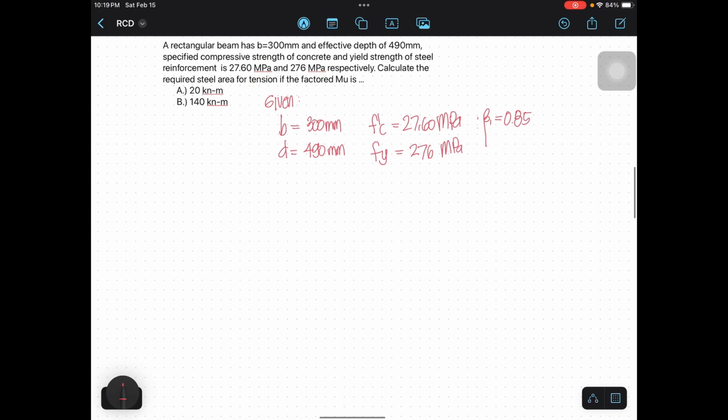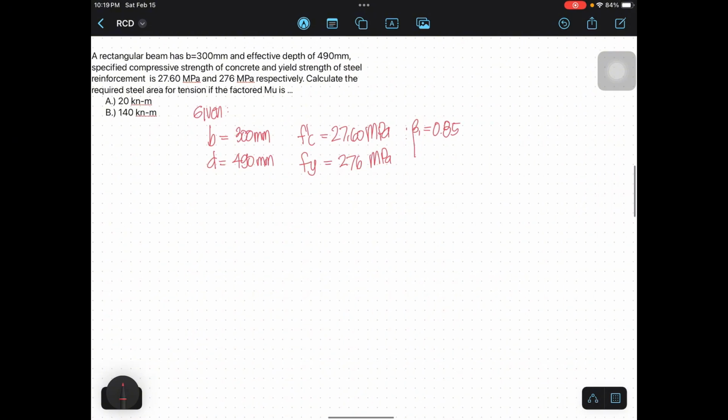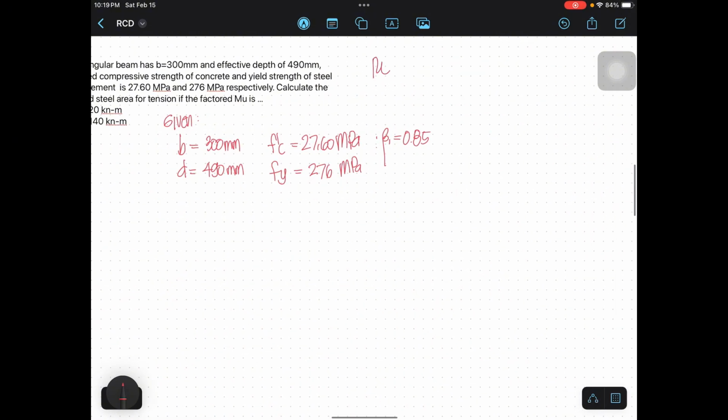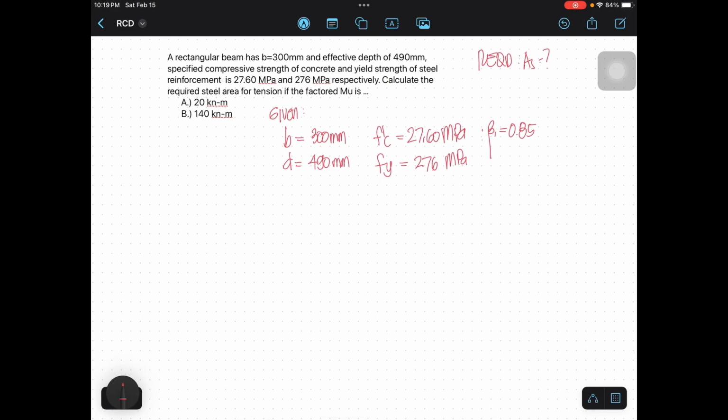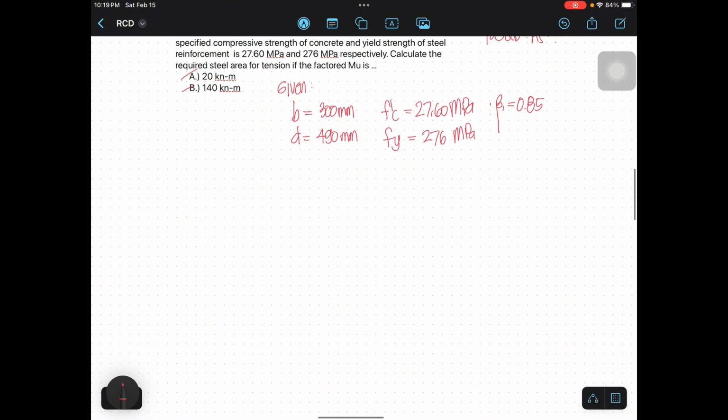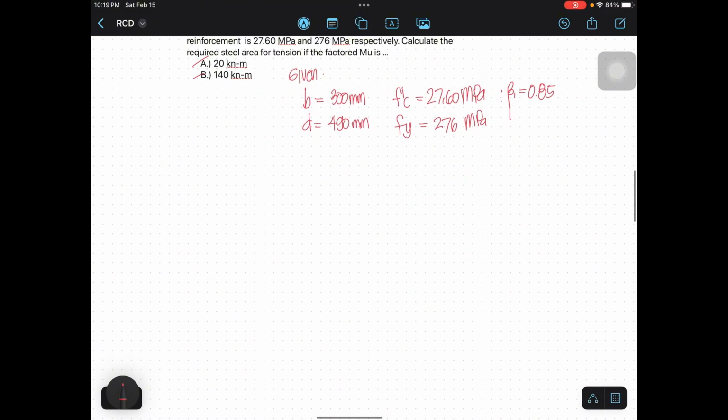Calculate the required steel area o yung As. Yung required natin ay As. If ang mga factored moment natin ay 20 kilonewton meter tsaka 140 kilonewton meter. Okay?